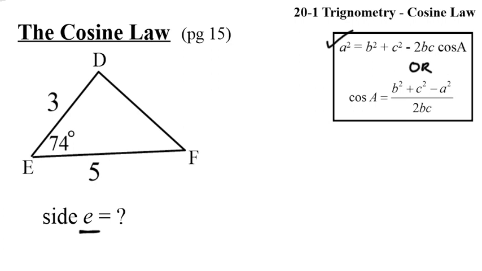Now, two things to do though. The hardest part sometimes is when it's labeled something and our formula though is based on using triangle ABC. Well, you should be able to switch up the variables.